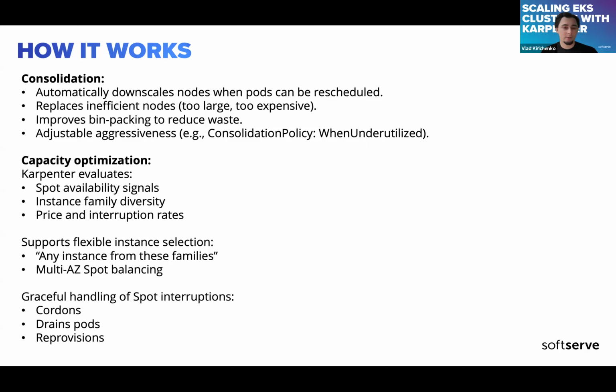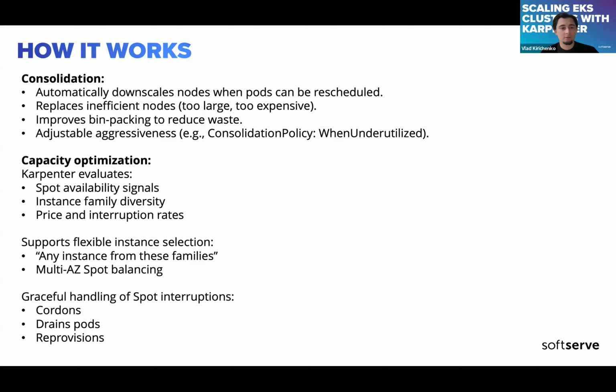It gives by default 30 seconds to gracefully shut down pods, but we can also extend it to 2 minutes. And it provisions a replacement node beforehand to relocate these pods smoothly, without major failures.